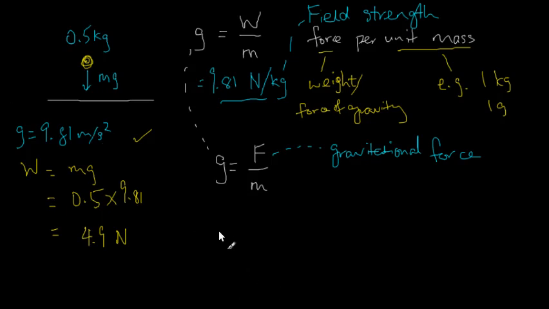Let's say this is the Earth. My Earth is a big yellow ball, and I take this little ball and bring it many thousands of kilometers away from the Earth, maybe 100,000 kilometers away, quite close to the moon.